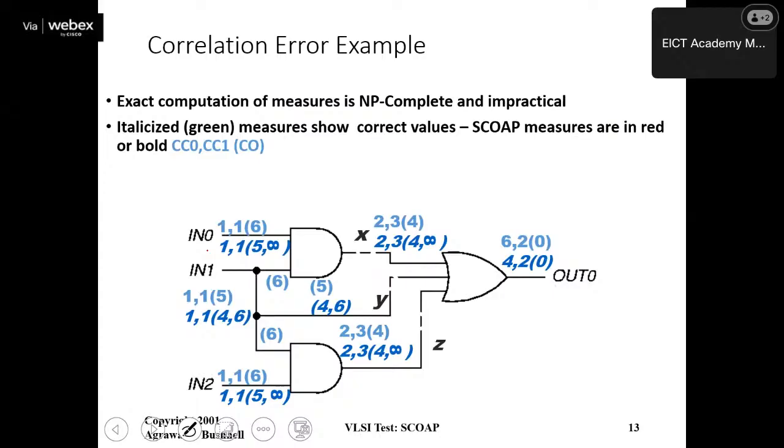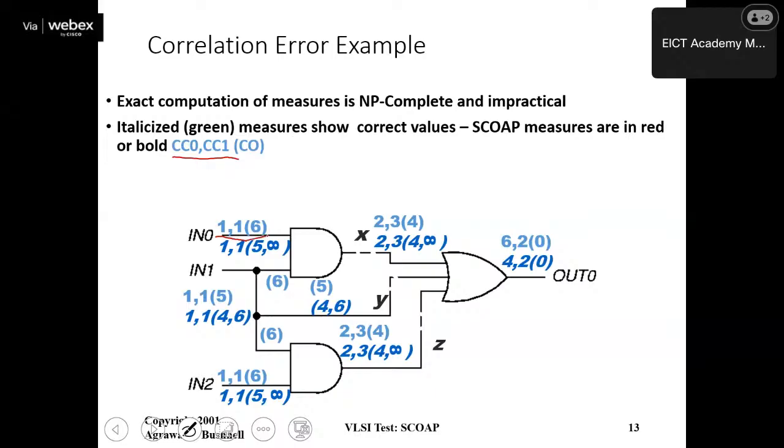How can it give that? Exact computation of the measures is an NP-hard problem, and definitely it is impractical. So it is shown over here what the correct values will be in the SCOAP measure CC0 and CC1. The first two are CCs, first one is CC0, CC1, and then there is observability.